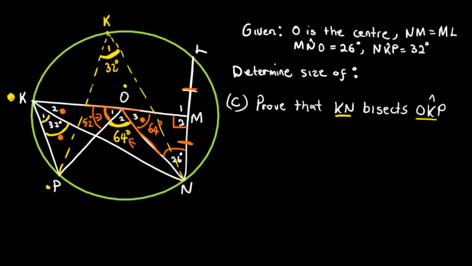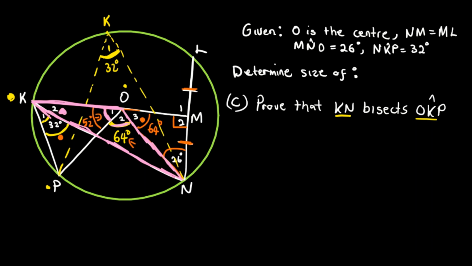Let me use a different color. Looking at this triangle here that I'm shading, we need to use it. We're going to use this triangle and find this angle here. We already have angle O1, which is 52 degrees, and angle O2, which is 64 degrees.